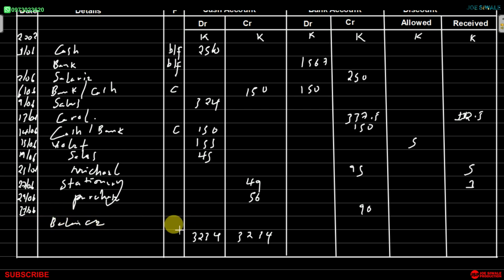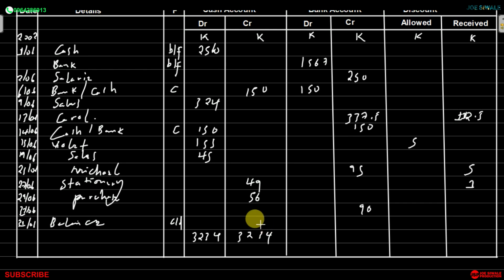So here we're supposed to calculate the balance carried down, and this is recorded at the end of the month, so the 30th of June. So we're going to say 3,234 minus the total of the credit side, and the total of the credit side is 255.